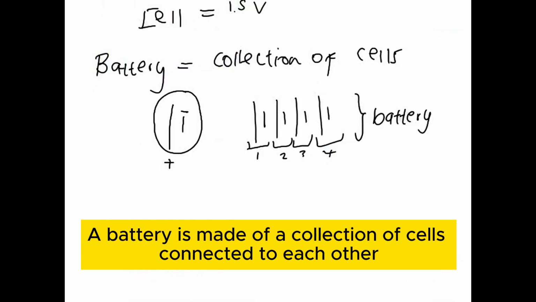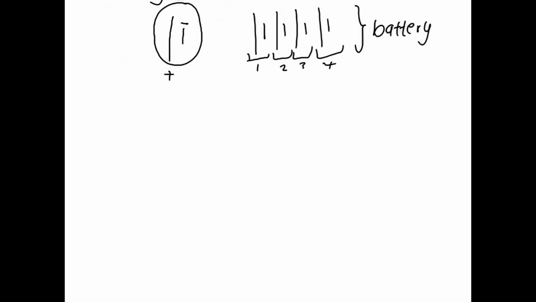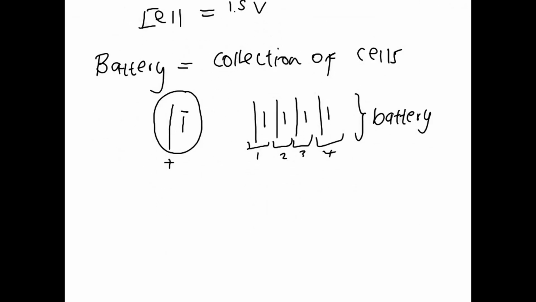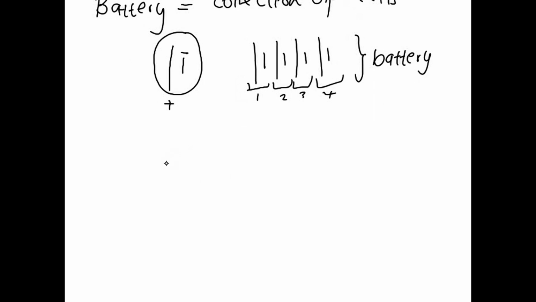So my question for you is this: if one cell has a potential difference of 1.5, how much would this battery's potential difference be if it is made up of 4 cells? You've guessed it. It will have a value of 1.5 multiplied by 4. What is 1.5 multiplied by 4? That is 6 volts.